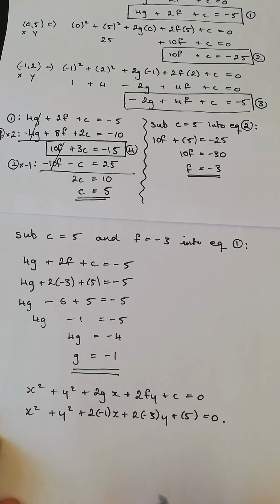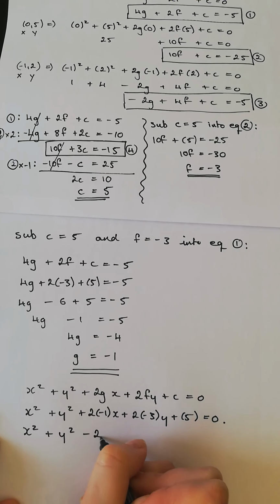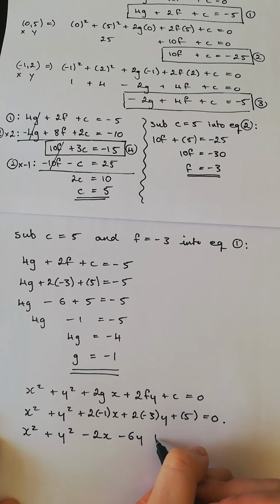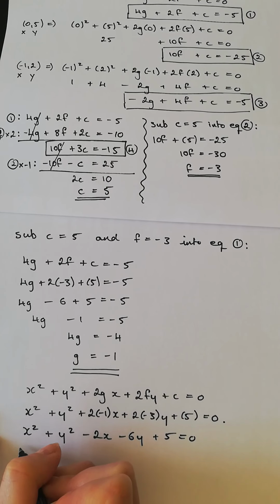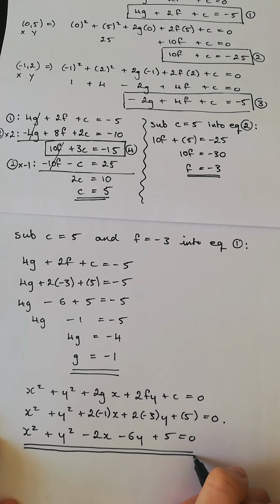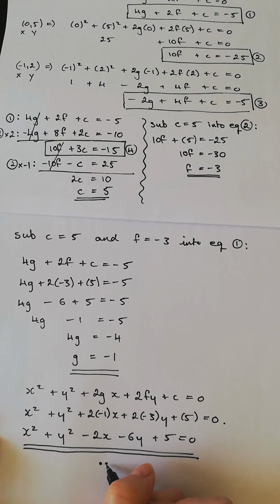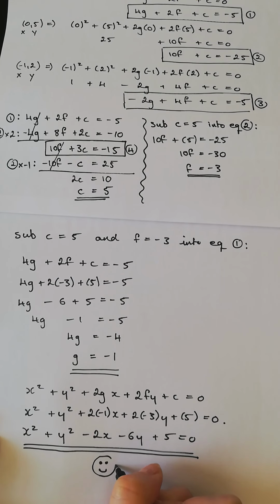And we always sub in brackets. When we tidy that up, we get x squared plus y squared minus 2x minus 6y plus 5 equals 0. And that there is the equation of the circle that contains those 3 points. And that's it. It's just algebra.